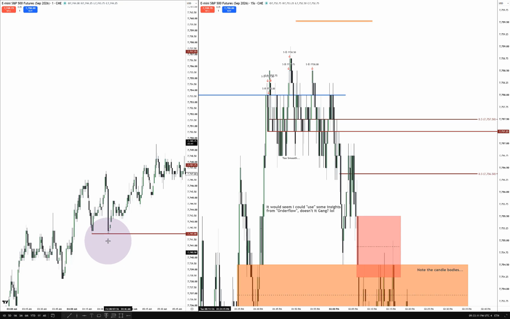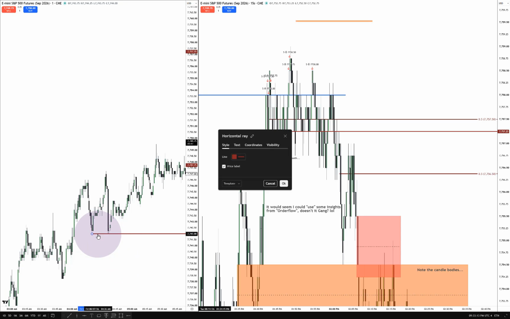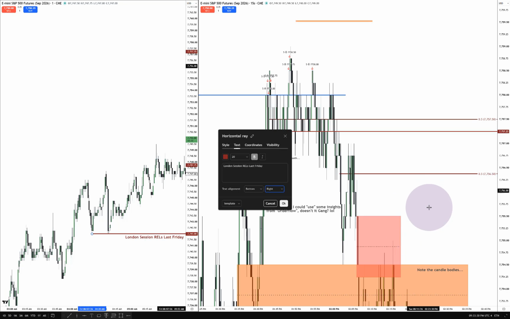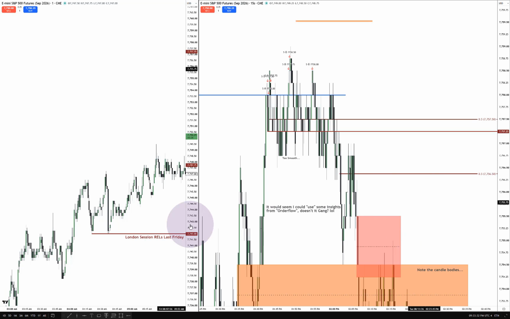Okay, so what we're going to do is annotate this as the London session relative equal lows from last Friday, and then we'll put that to the right. Now when we pull it up on this 15-second time frame, you'll see this level here.